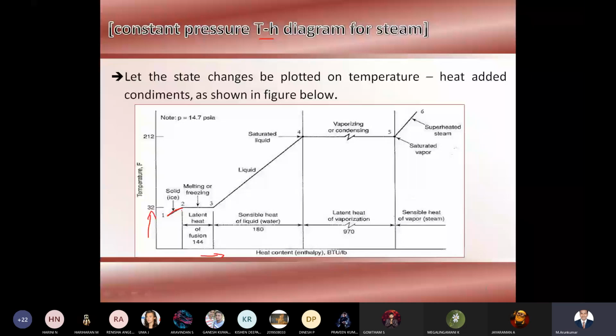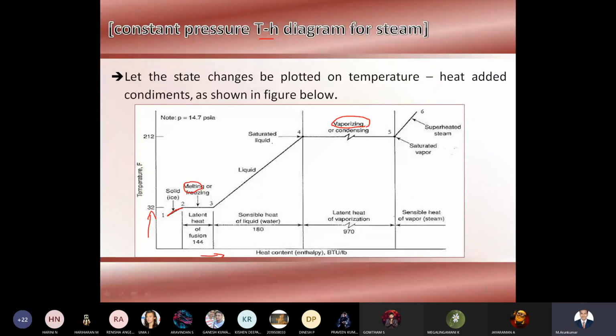Again, during melting of ice, we get a constant temperature. Then during the solid phase to liquid phase, during the saturation process, we have an increased heat content. Again, during the vaporizing process, you know what the vaporizing process is?